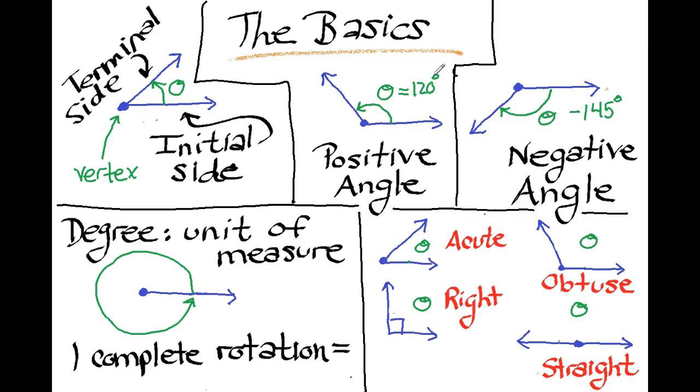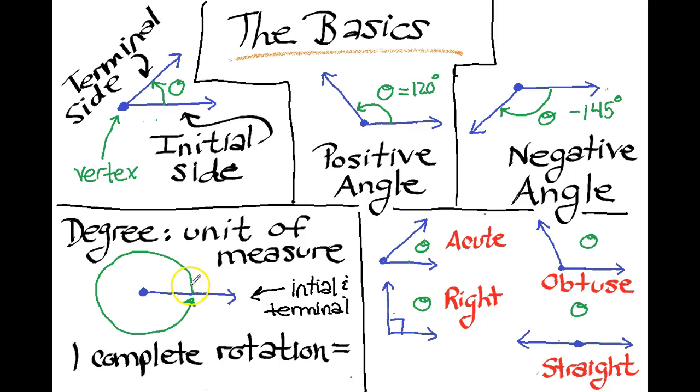Now on the bottom right of this window is what looks like a circle with just a single ray. One of the things that I didn't write here was this ray right here is both the initial and the terminal side of an angle. So the terminal side actually ends on the initial side of your angle.